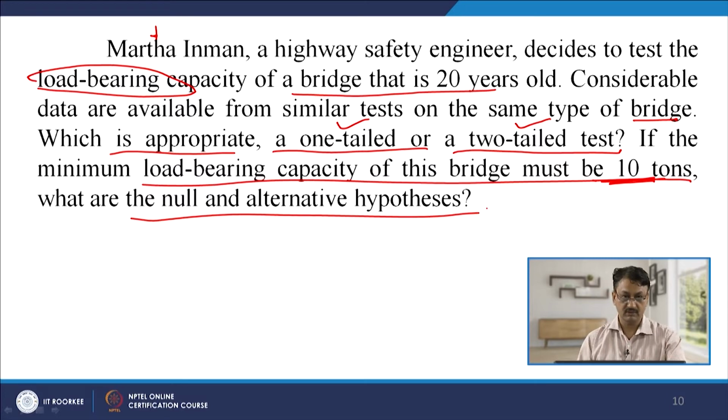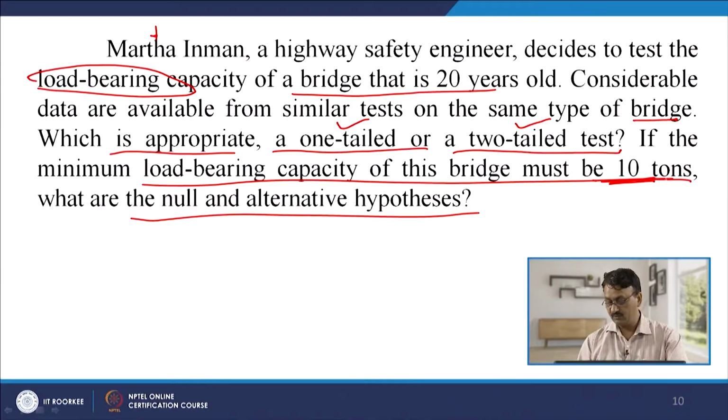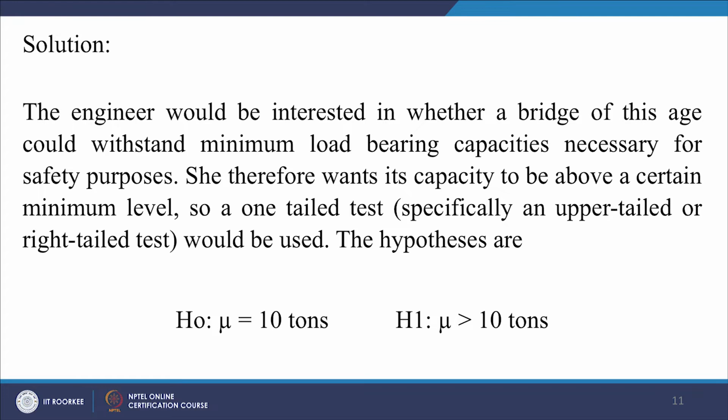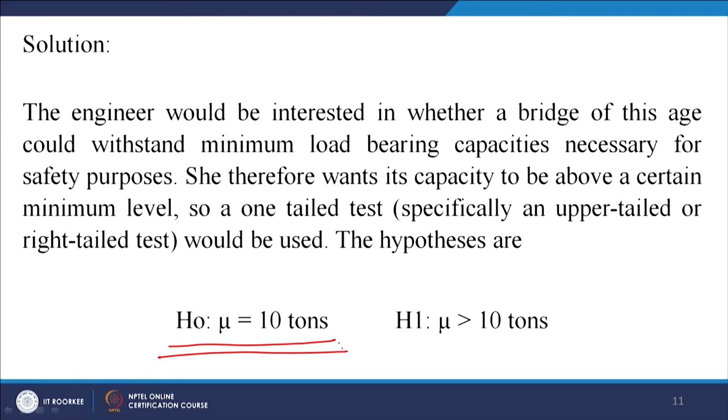Here the bridge has to have a certain minimum load bearing capacity, and that minimum value is 10. She has to check whether the bridge can sustain this capacity or not. So, she will have the null hypothesis that mu is equal to 10 tons, and the alternative hypothesis that mu is more than 10.